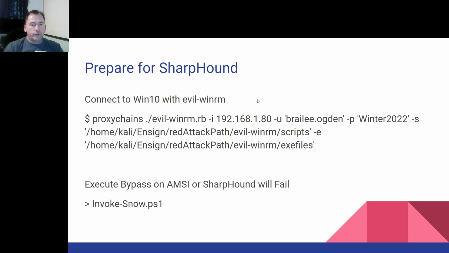To run that command, we'll connect first with EvilWinRM, then we'll execute the bypass by running Invoke-Snow.ps1. If you don't run Invoke-Snow, the binary that's created from SharpHound will not be created and will not execute properly, because Windows Defender will detect it as a malicious script.